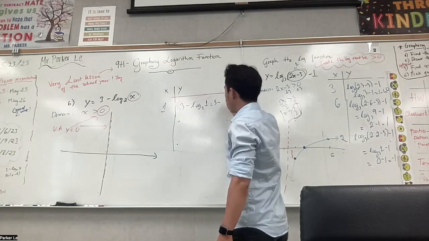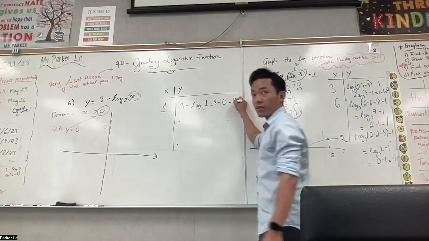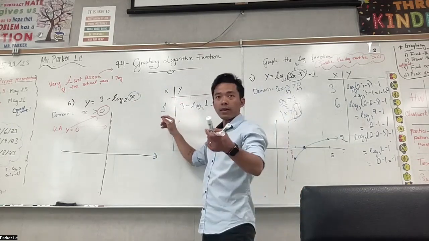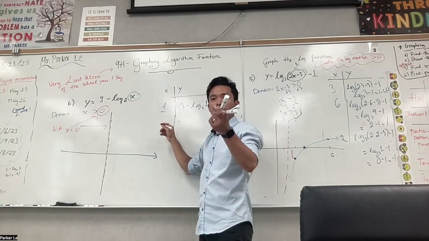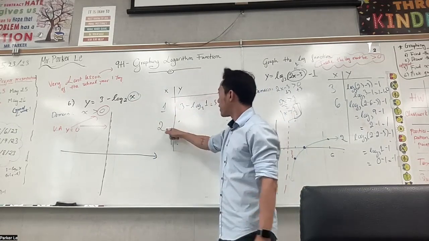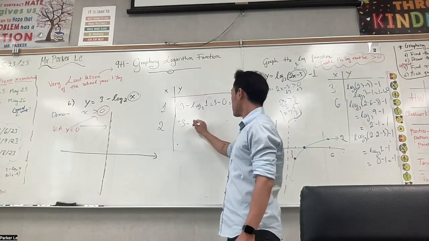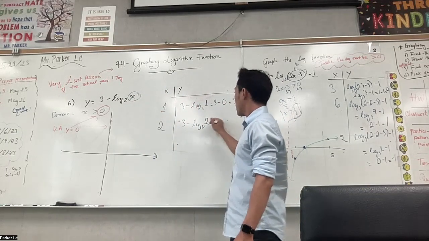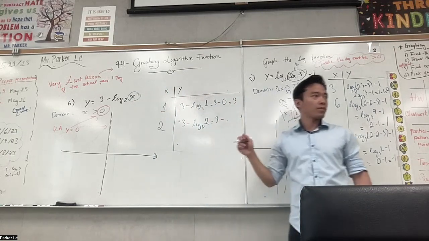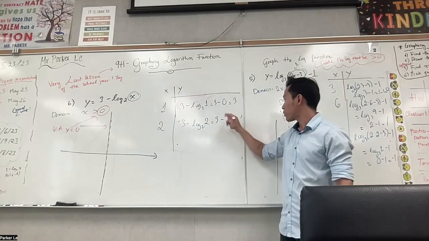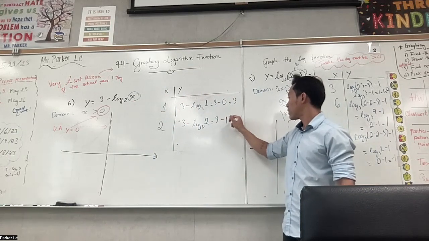What is log 2 of 1? 0, right? So it's 3. And then who said 2? I remember someone said 2. Yeah, 1 point for Sophia. 2, because it's a log base 2. What is log base 2 of 2? 1. So 3 minus 1 is 2.